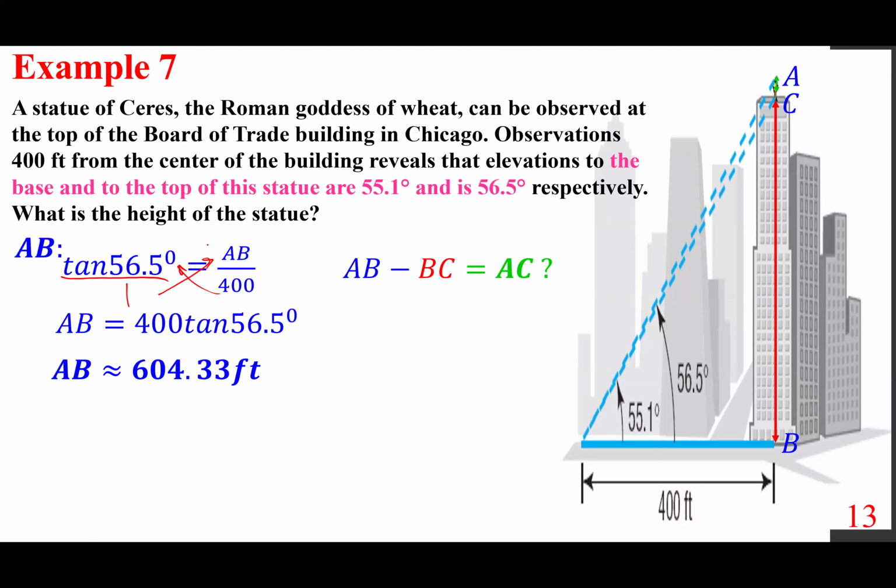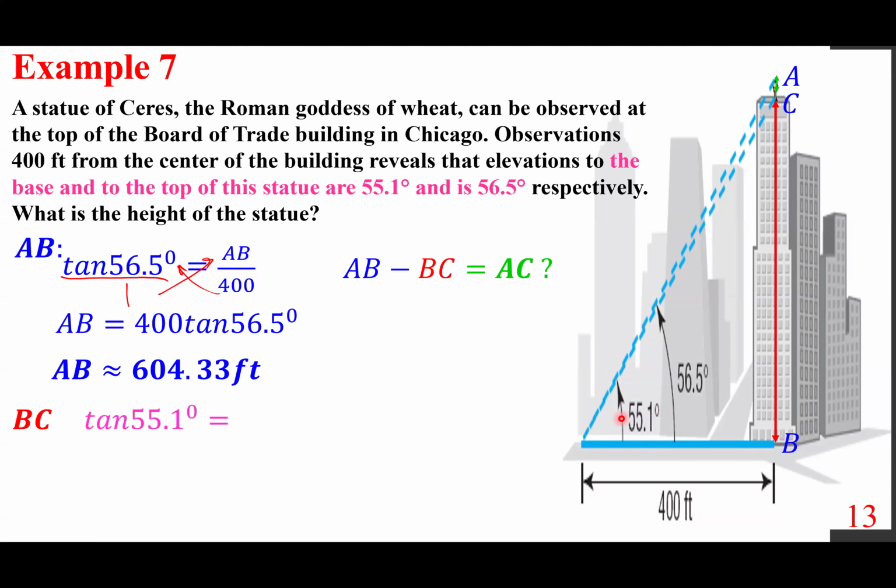Now the next project would be BC. What is BC? That means the height of the building, or the distance from the base to the base of the statue. And again, the smaller one, tan of 55.1 degrees would be BC divided by 400.